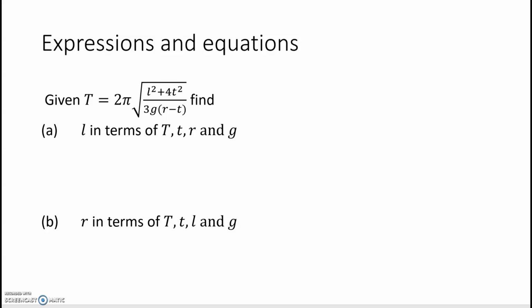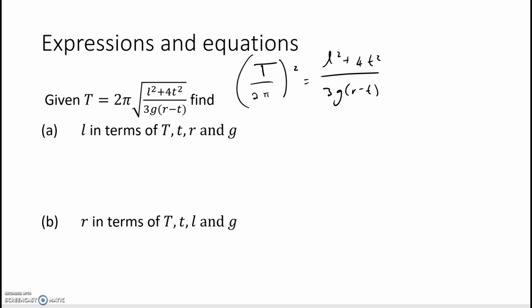Rearrangement, you need to find L, so we need to rearrange that to find L. Okay, so we'll go through it fairly quickly. T over 2 pi squared is going to be L squared plus 4t squared over 3g times r minus t, which is, now we're going to multiply both sides by 3g times r minus t.